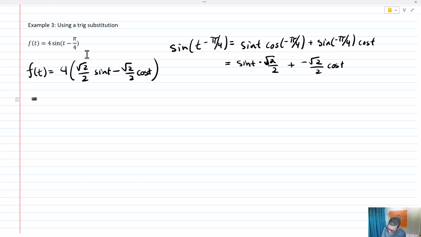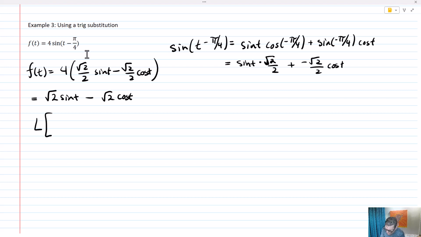And so that's going to end up equaling, if we multiply through by 4, root 2 sine t minus root 2 cosine t. Well, now I can actually go find the Laplace transform of that. So doing the trig substitution beforehand allows me to now do the Laplace transform.